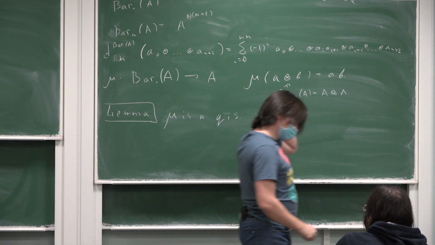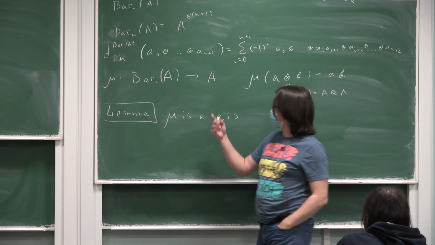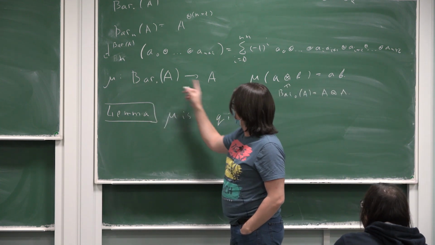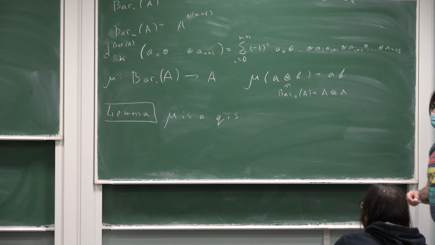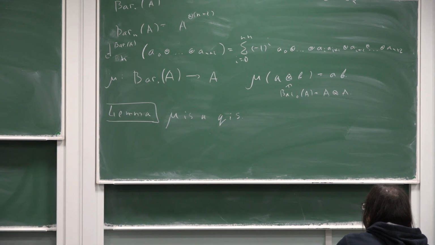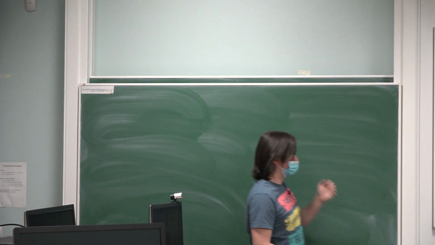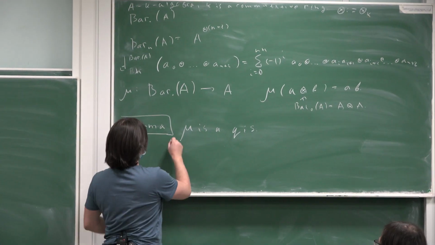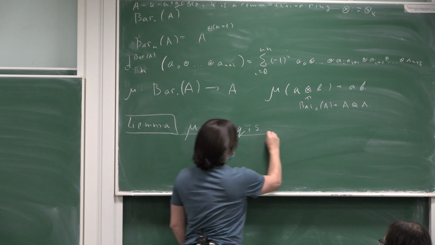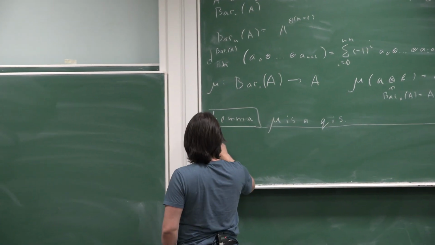After this, if mu is a quasi-isomorphism, then bar dot is some resolution of A, but we don't know at this moment if it is projective or what. In general, it's not projective, but it is relatively projective, and what this means we will know a little later. So how to prove this?